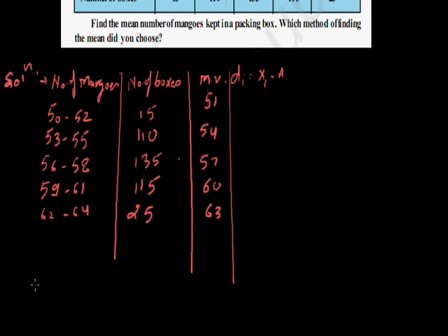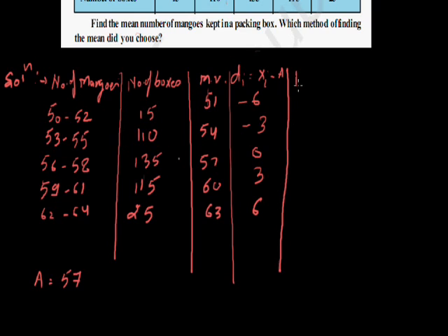Here I have considered a as 57. We can consider any one of the mid values as the assumed mean, so I have considered 57. Now 51 minus 57 is minus 6, then minus 3, 0, 3, and plus 6.